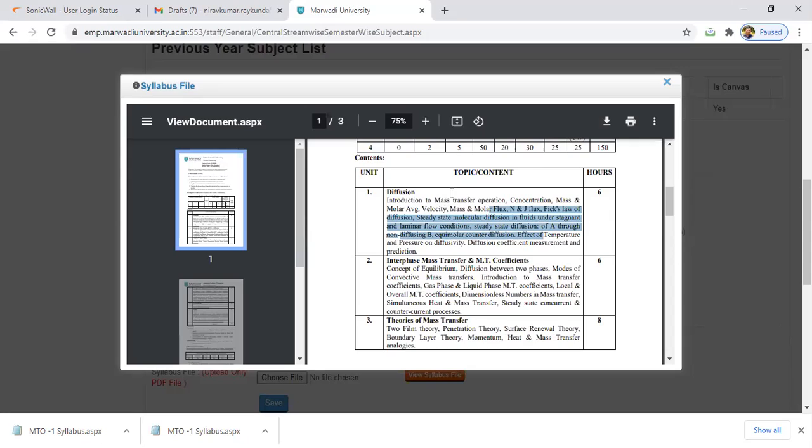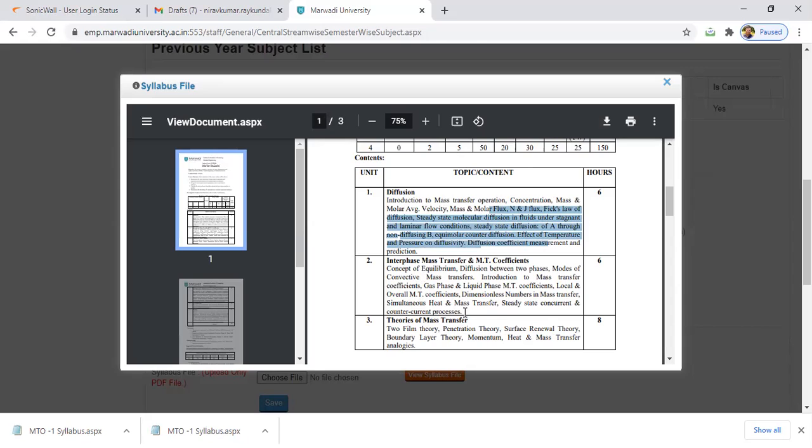We studied the diffusion of A on diffusion of B. We saw the effect of temperature on diffusivity, so the majority of chapter number 1 is finished.